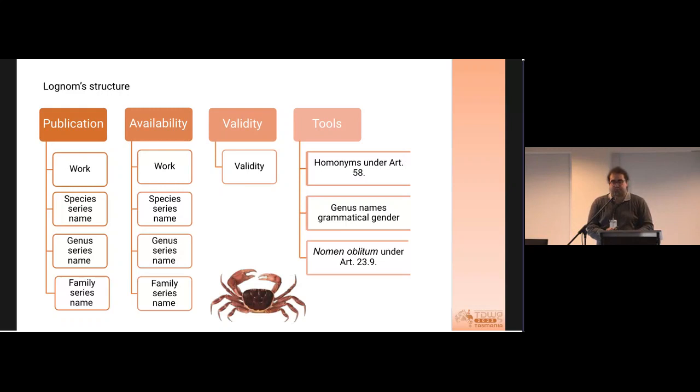It also provides some tools to determine if species names are homonyms under Article 58, that is, names that look like each other but are not real homonyms, yet are to be considered homonyms. For genus names, it provides some help to determine a genus name's grammatical gender, and whether a name is to be considered a forgotten name under Article 23.9 of the code.